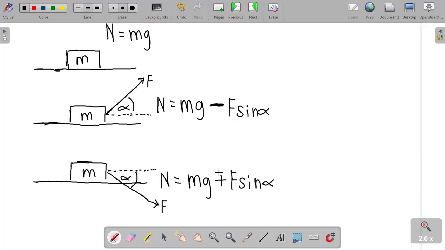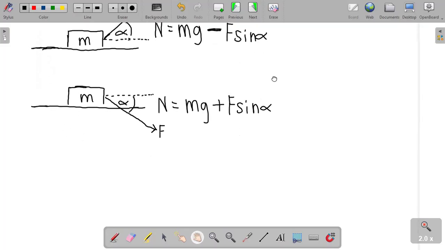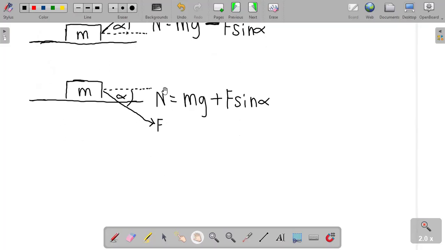So what happens if the force is not diagonal, but horizontal like that? Again you can have m here, and the force that is acting on the object is not acting at an angle.